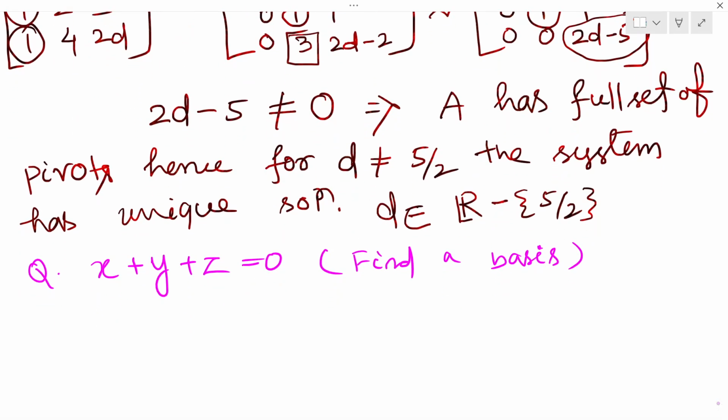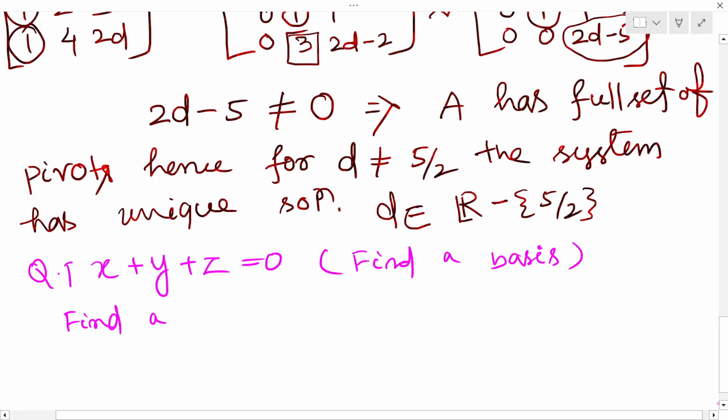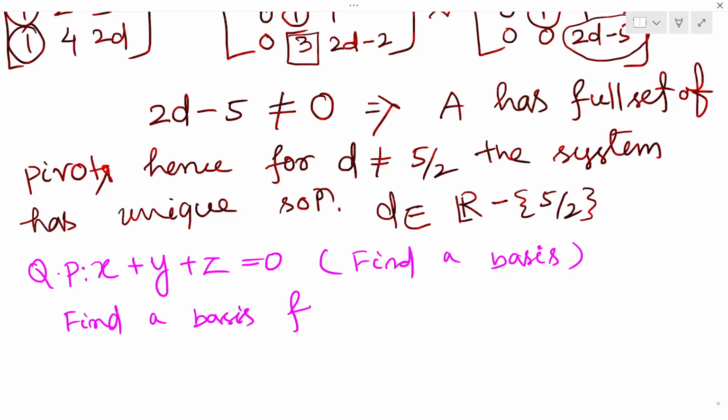Also, find a basis. Suppose its name is P. Find a basis for P intersection with YZ plane.